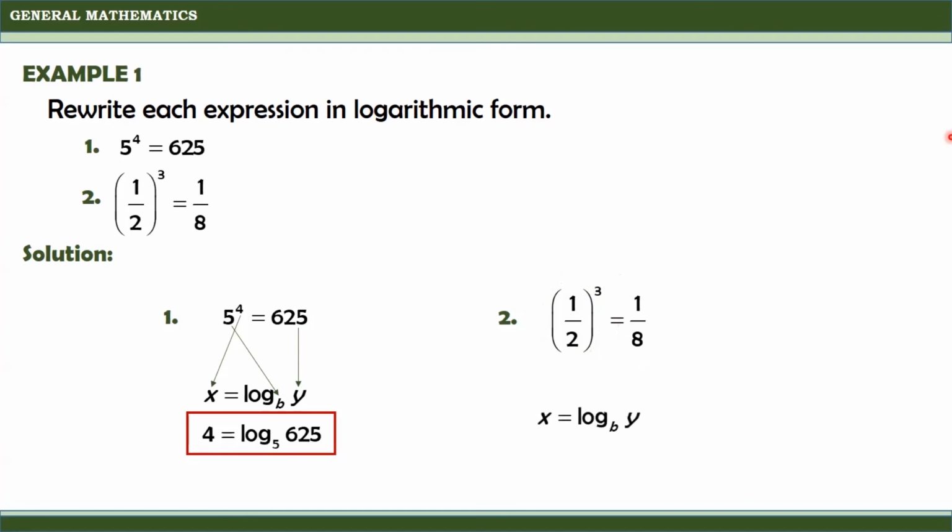Again, the logarithmic form is x equals logarithm of y to the base b. Thus, we need to substitute 3 to x, 1/2 to b, and 1/8 to y. It will result in the logarithmic form 3 equals logarithm of 1/8 to the base 1/2.